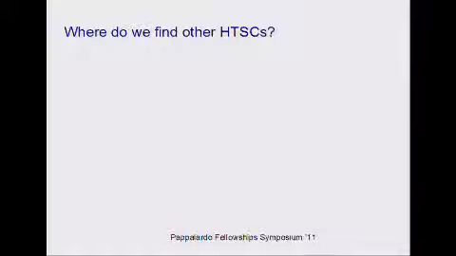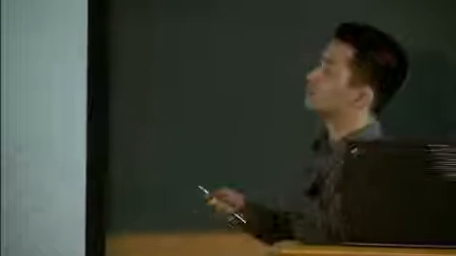So I think a more practical, important question is where do we find other high-temperature superconductors? From this lesson we learned in both copper-based and iron-based materials, we know that magnetism looks important in this superconductivity. So maybe we should study other magnetic materials.